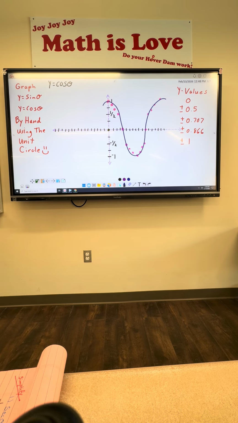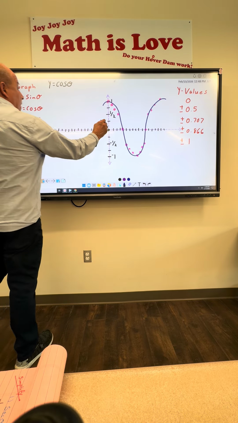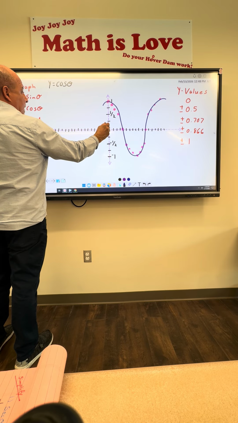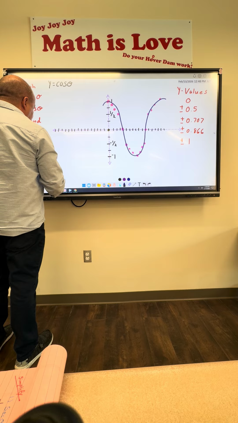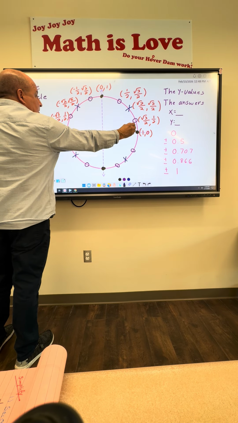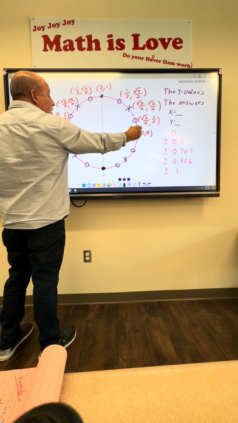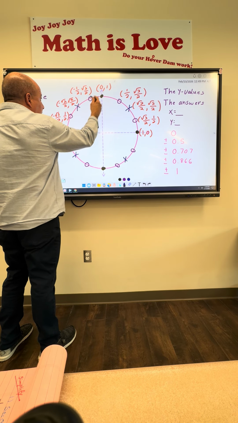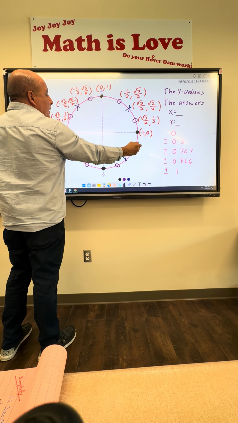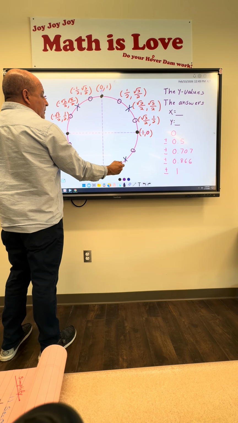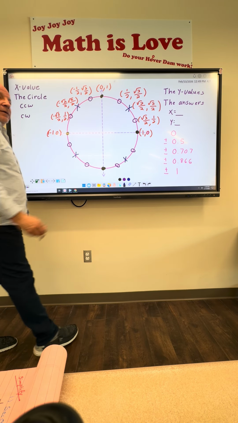Back to the circle now. We already have this dot. Now I need to go this direction. So if I'm at the origin, my next mark is here. And on your unit circle, you're going to go this direction now. So you're going to do the same thing going this direction. So that very next mark, 0.866, 0.707, 0.5, and 0.